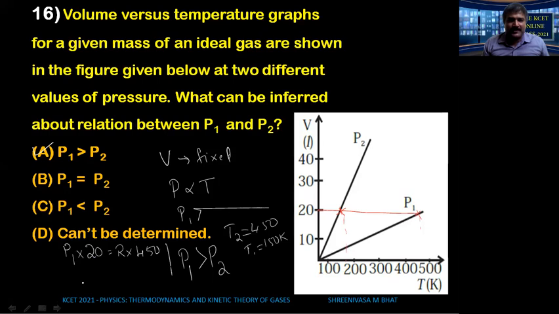Then P2 into 20 only, the volume is the same, equals R into temperature, say 150. Clearly R and the volume 20 are the same. Therefore, P1 is proportional to 450, therefore it is greater. Then I go to the next question.